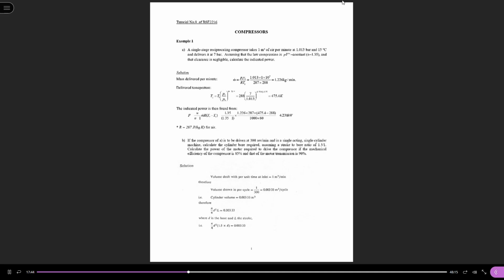Then if you don't have any question, you can continue to work on example number 2. Example number 2 is a question regarding a multi-stage vapor compression refrigeration system with a specific compressor type, the reciprocating compressor.